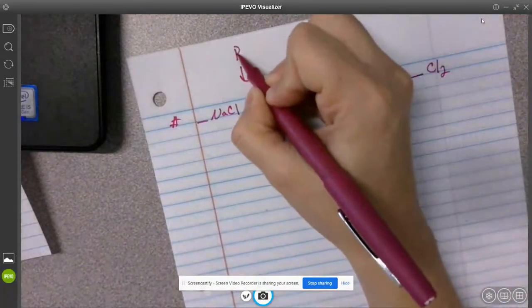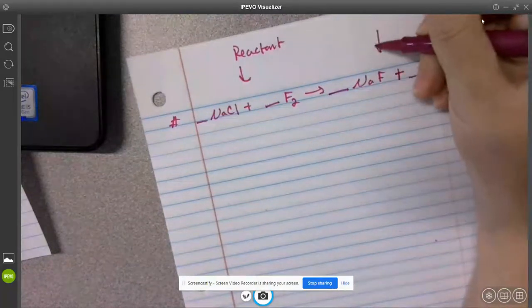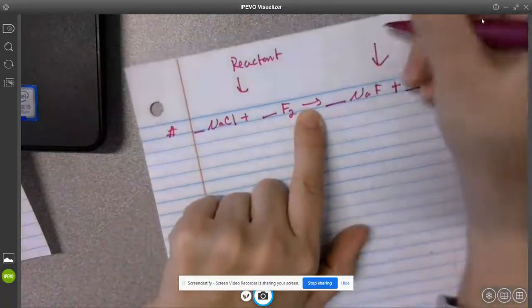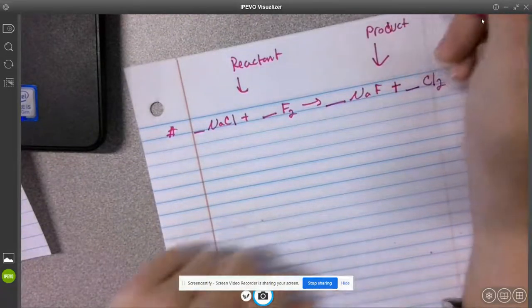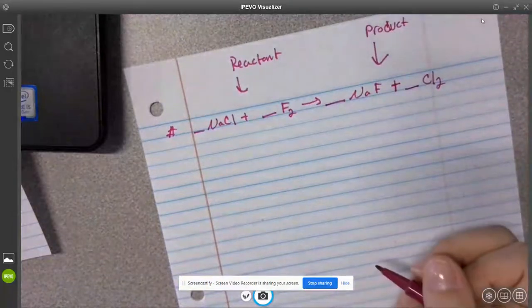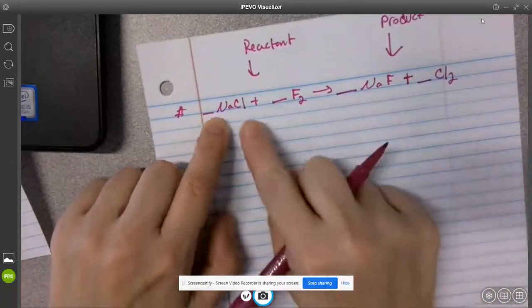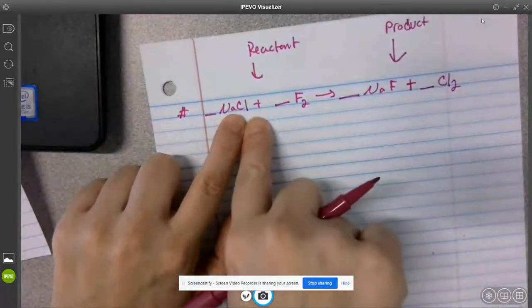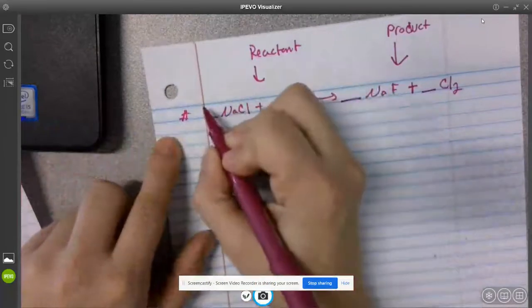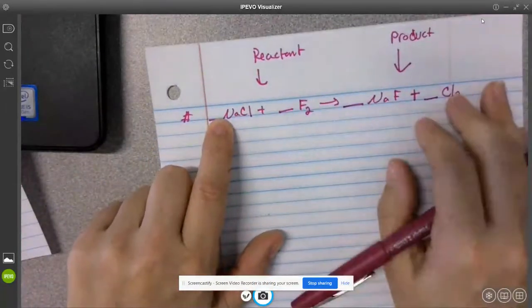Your left side is called your reactant side. Your right side of the arrow is going to be called your product side. You're going to either look at this and say Na is good, Cl, I'm missing 1, so I'm going to say what times 1 can give me 2, and I would just put the number 2 here and know that 2 and 2, it matches.